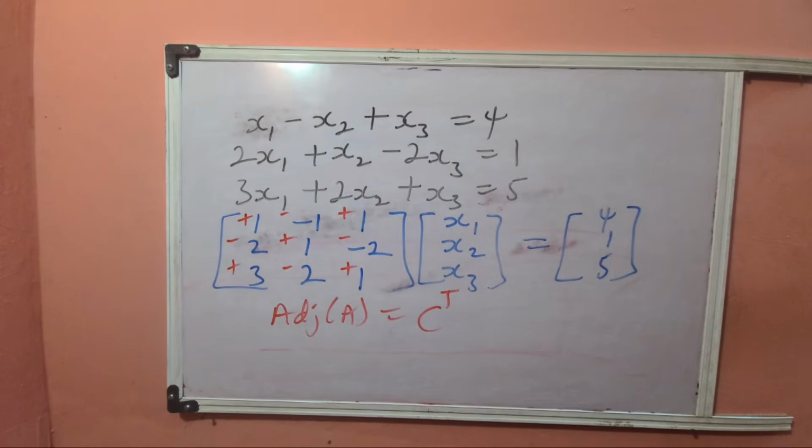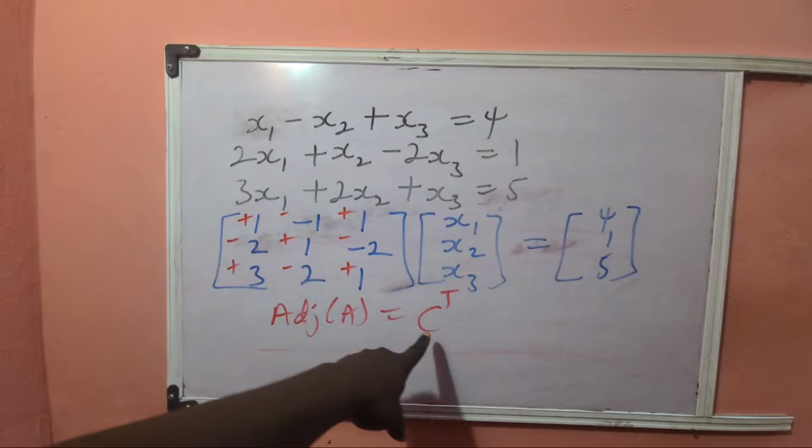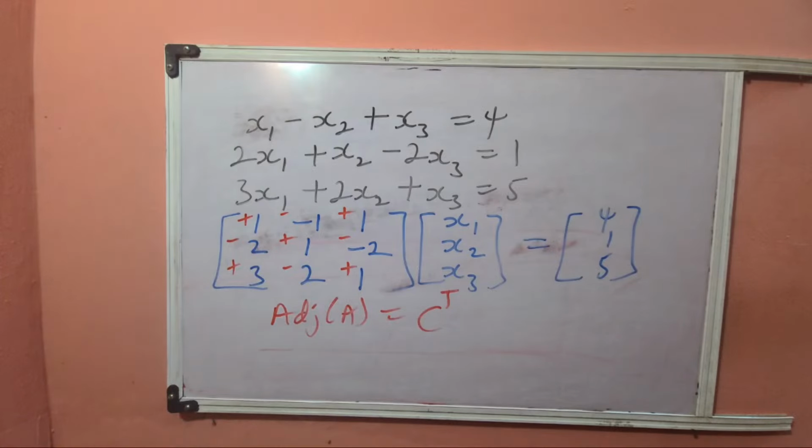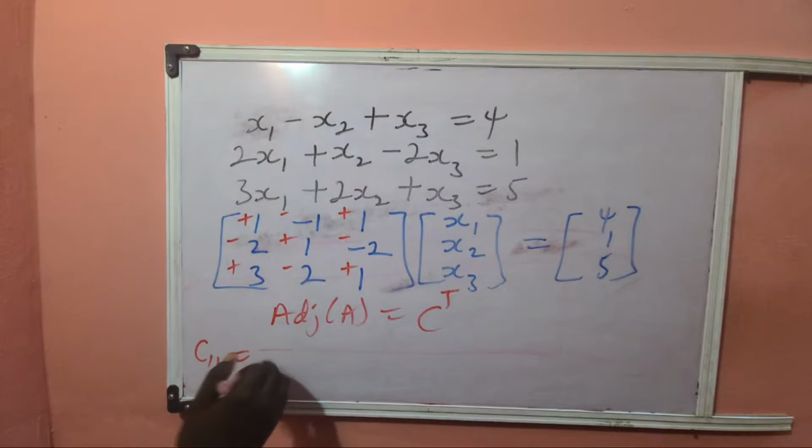Just so you don't forget that. Some of you may be almost forgetting it, but don't forget the adjoint of a 3 by 3 matrix is always the transpose of the cofactor matrix. So the first thing we have to find will be the cofactor matrix. So how do we find the cofactor? I want you to keep solving also, and let's validate our result together. The first cofactor, cofactor 1,1, will of course have plus.